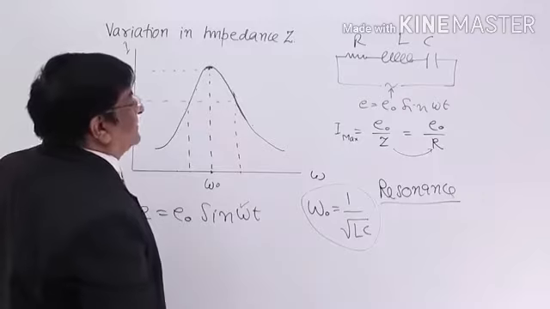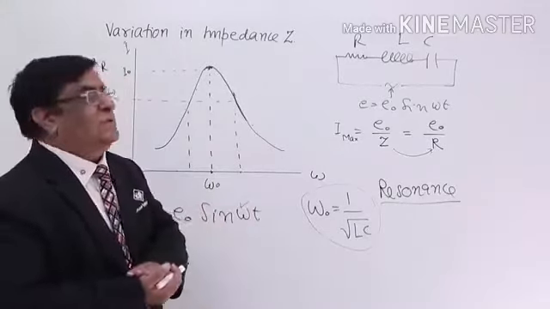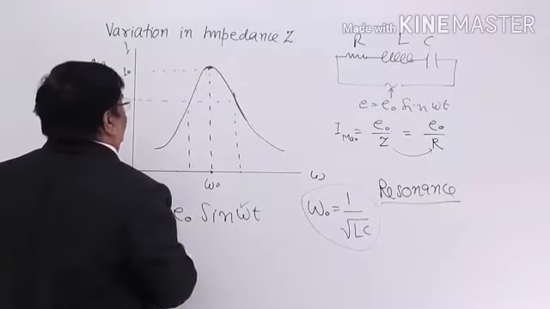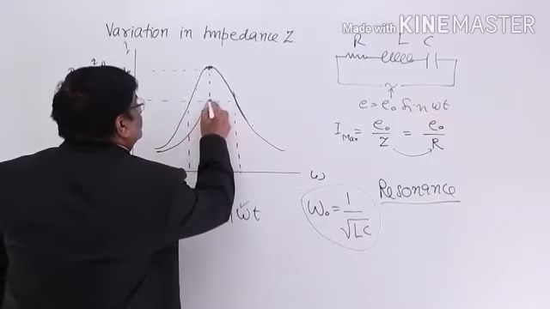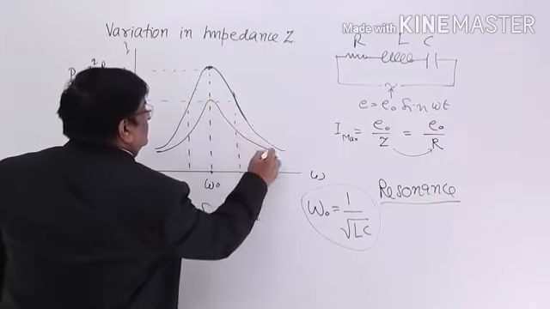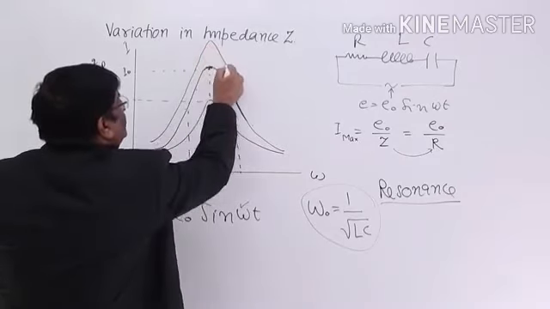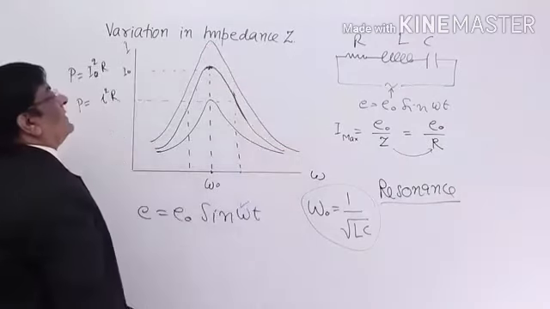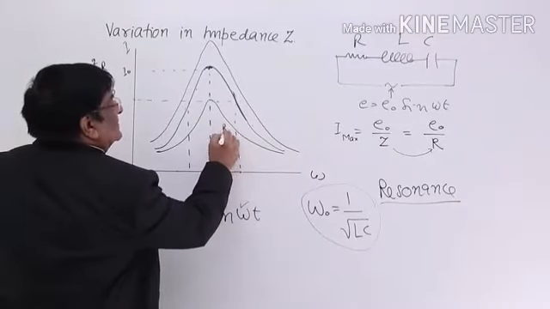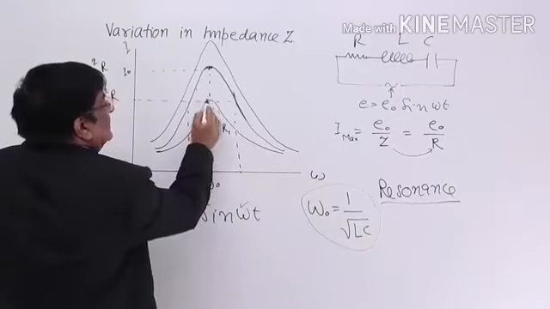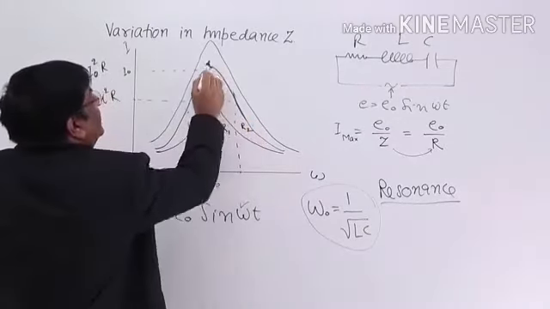Now, suppose we change the resistance, the maximum current will also change, and what will happen? We get another graph. With resistance number 1, this is the peak value. This is with resistance number 2, this is the peak value.